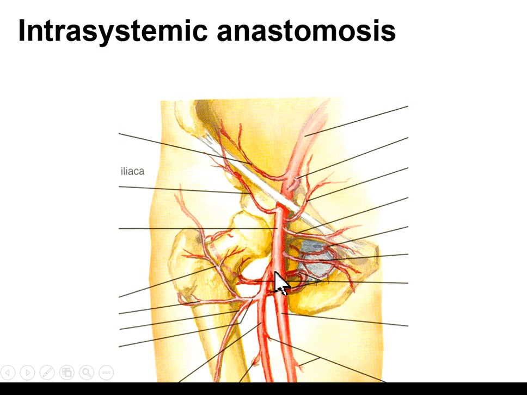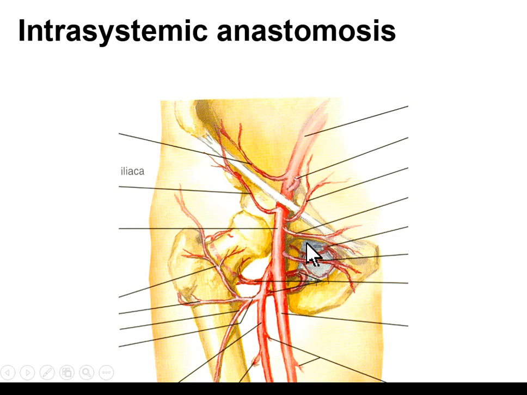The femoral artery gives the deep artery of the thigh near the neck of the femoral bone, which gives the lateral circumflex femoral and medial circumflex femoral arteries. The branches of these arteries anastomose near the neck. This is intrasystemic anastomosis.